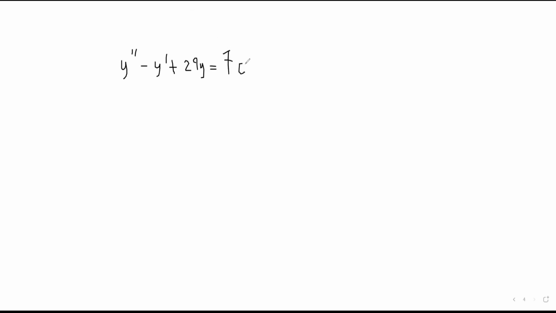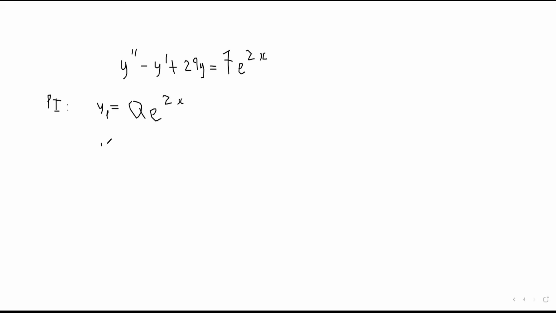So again, we know that our particular integral, which we're trying to find, we're going to call it yp. yp is equal to some constant. I like to call my constant q. So it's qe to the 2x.